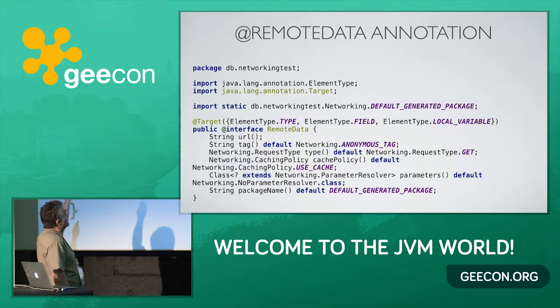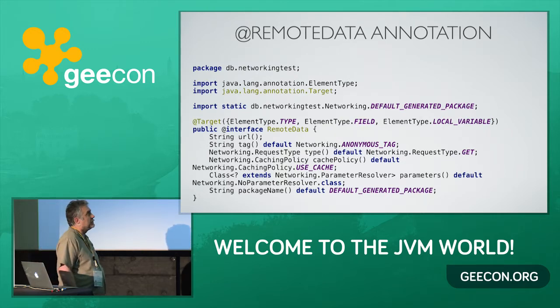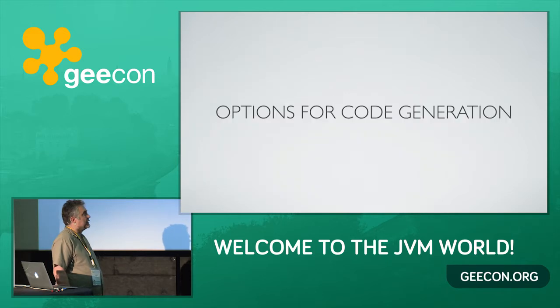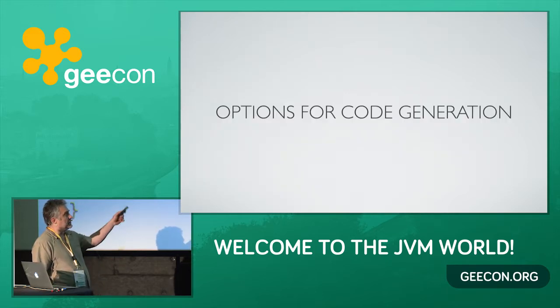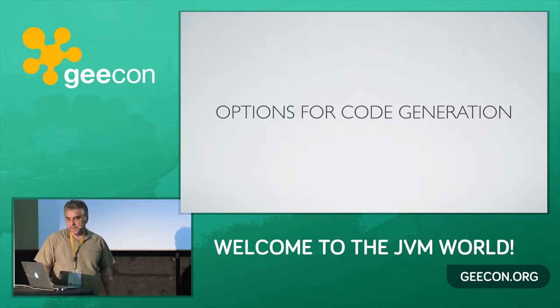And there are a lot of networking defaults. So if you don't specify that, you will get a GET. But you can easily get a different request type if you want. You use cache if you don't provide that, but you can always force the fresh data. And you can also deal with the parameters, but I won't go into the details on that.